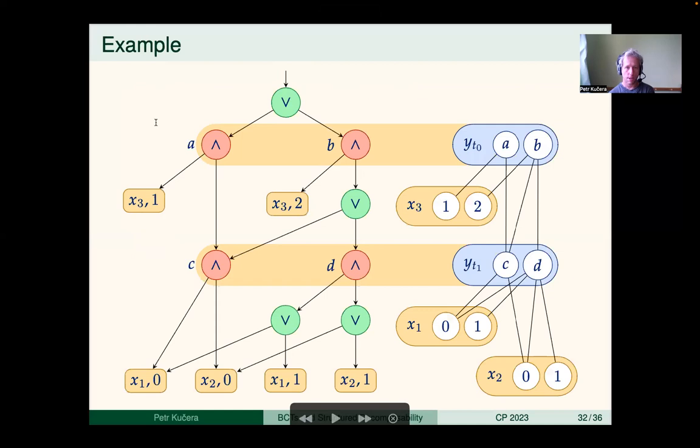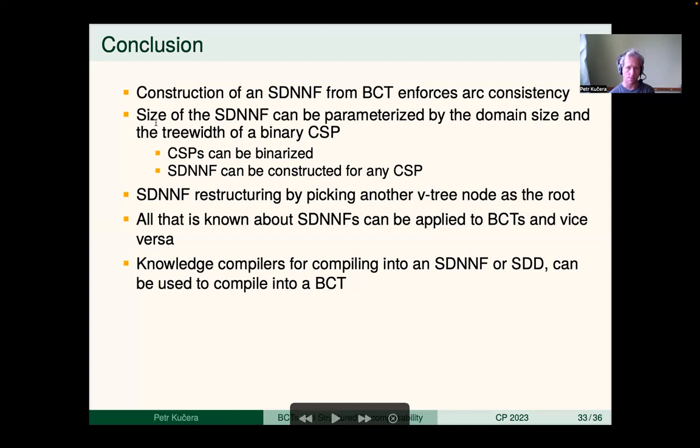And that's because X3 must be strictly bigger than both X1 and X2, therefore it cannot be 0. In the process of the construction, this is detected, and these parts are not even present in the result.